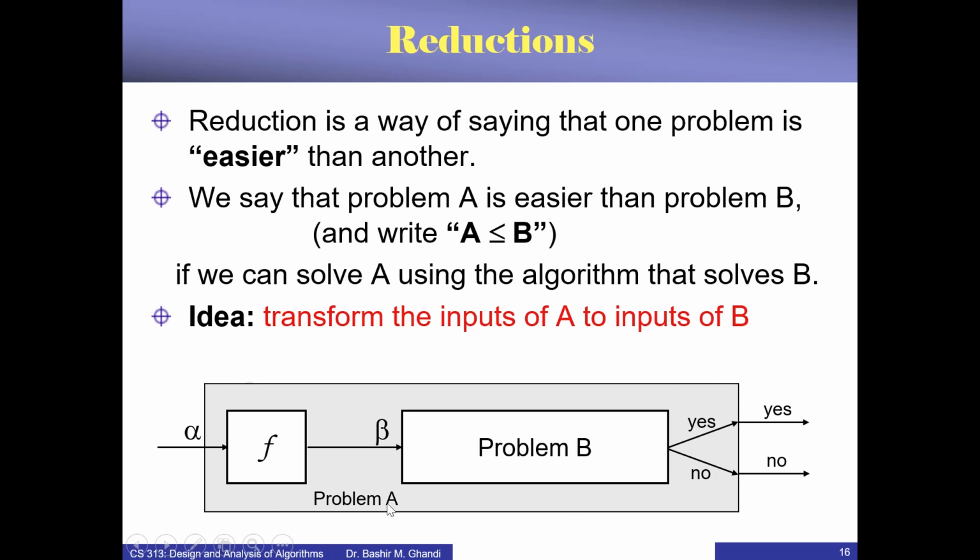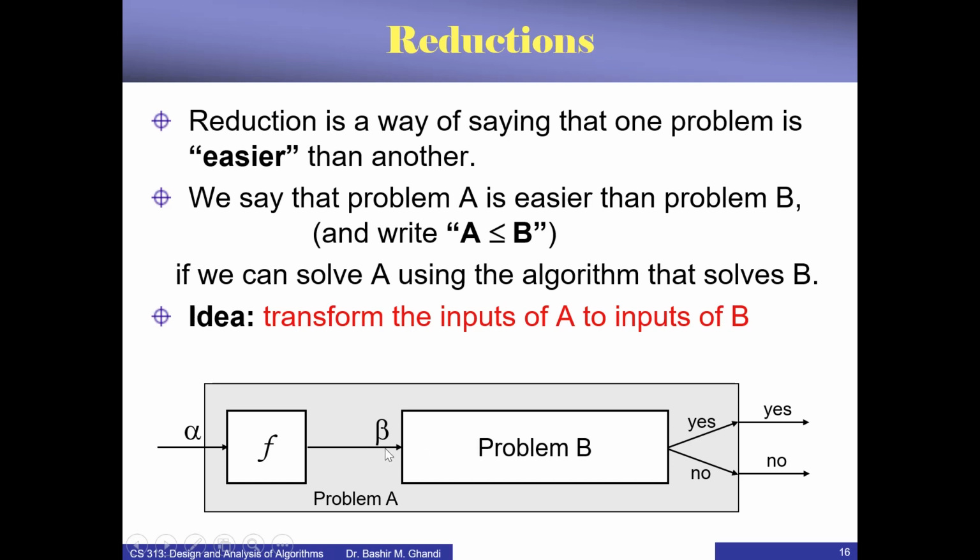We are trying to solve problem A. We don't have an algorithm for solving A. However, alpha is the input for our problem A, and we use some conversion function f to transform it into input that the algorithm for solving B can accept.